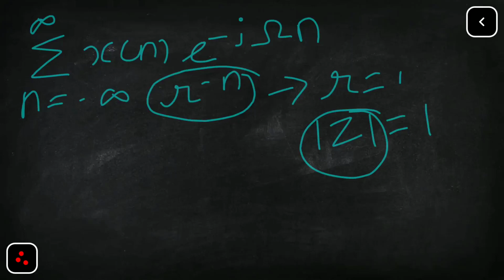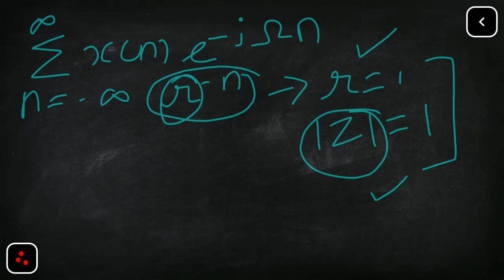What that means is that for a signal to converge, your condition should be r equal to 1, or z modulus equal to 1. So if r becomes 1, then 1 to the power of minus n is also equal to 1.